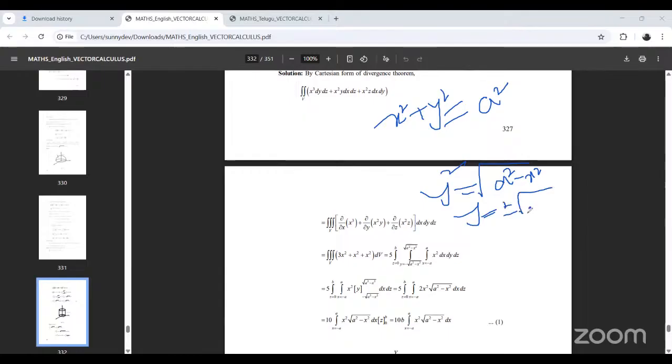From x square plus y square equals a square, y square equals a square minus x square, so y equals plus or minus the square root of a square minus x square. Now for the x limits, we have to substitute here.